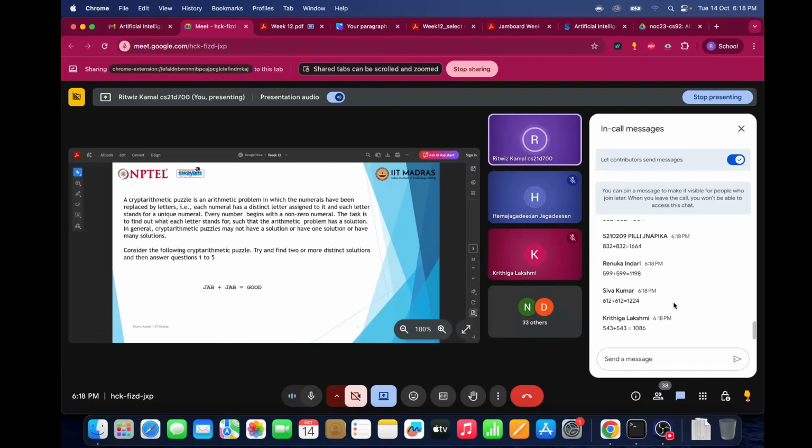So we have to assign between 1, 2, 3, 4, 5, 6, 7, 8, 9. All alphabets should have a unique assignment. The sum also should not have a 0 in it, because if the sum has a 0, it means that we are assigning a 0 value to some alphabet. These are two important constraints. The third constraint, of course, is that the equation should remain valid.